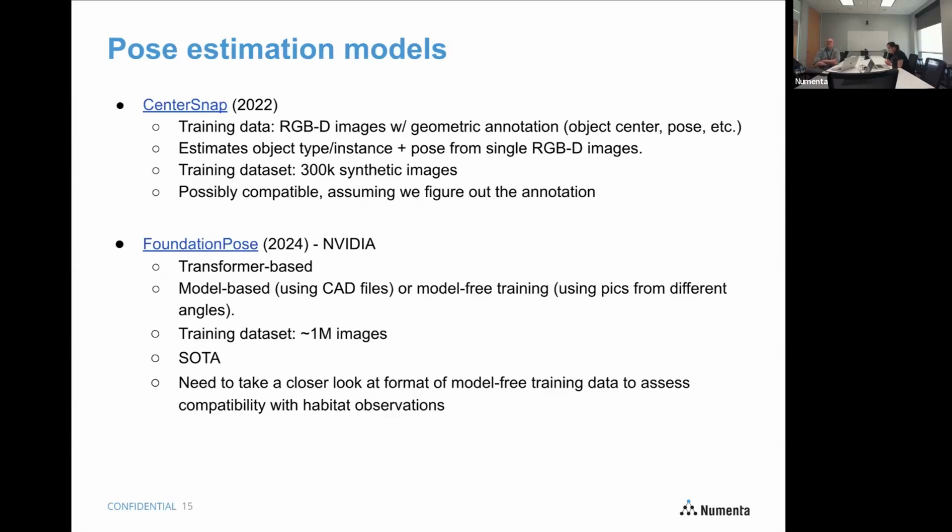Is that for the model-free or also for the model-based version? Both. The model-free version, to my understanding, is a pre-processing step. It gets you something like what a CAD file will get you, by basically reconstructing the mesh.